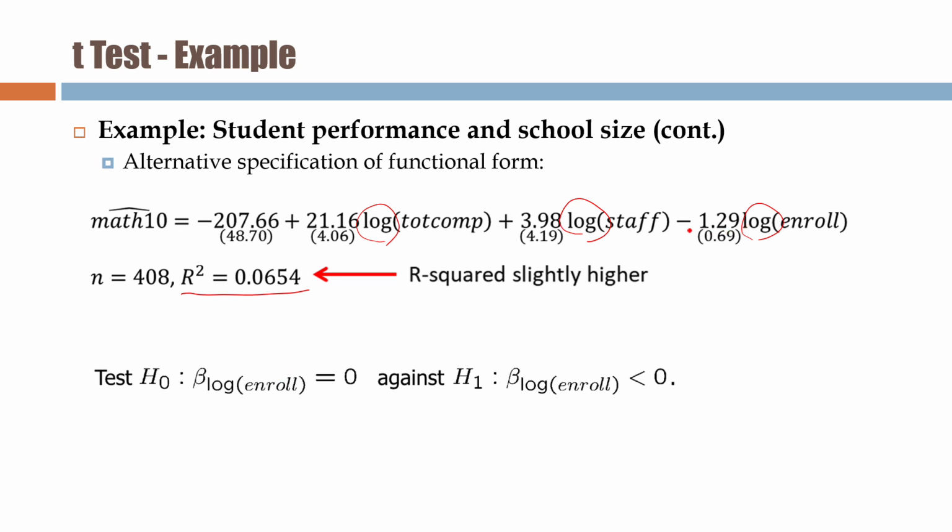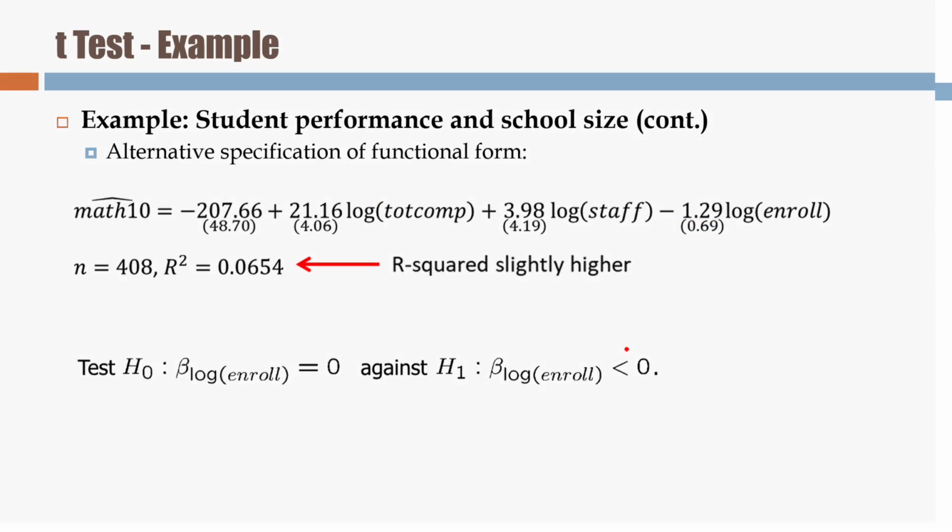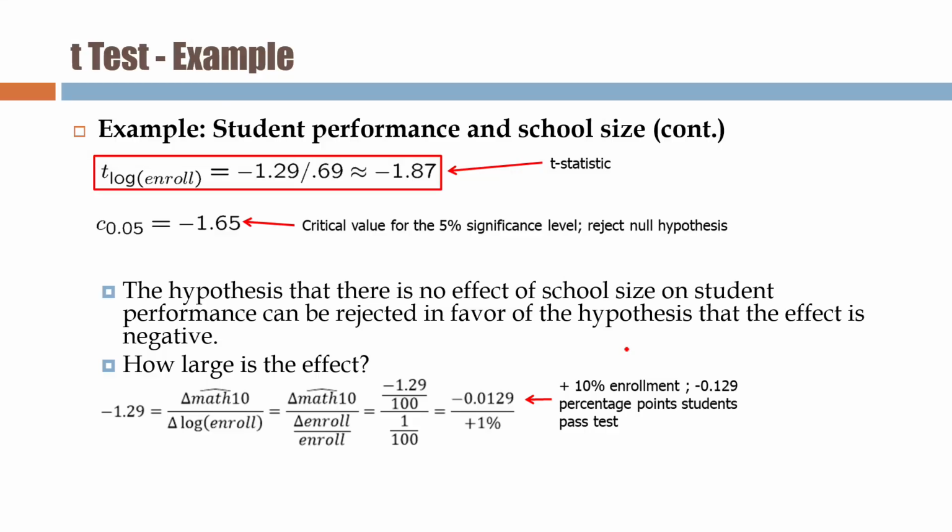Now we can talk about this one, again the only minus. So we can set the null hypothesis as still enrollment doesn't have any effect. Since this is negative, we say it has a negative effect. And then you find the t-statistics.